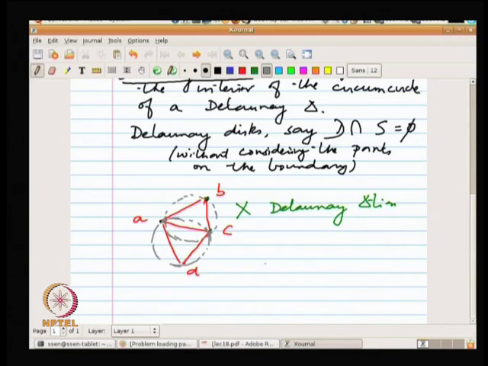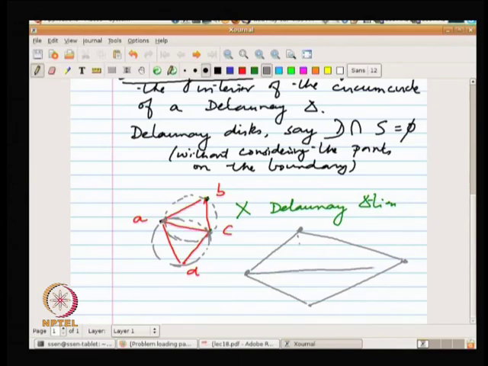What's really happening is that if I take 4 points in convex position, so I have these arbitrary 4 points in convex position, we can prove rigorously that either drawing this diagonal will be consistent with Delaunay triangulation, or, if this is not consistent, that is, the circumcircle is not empty, then certainly the other one will be.